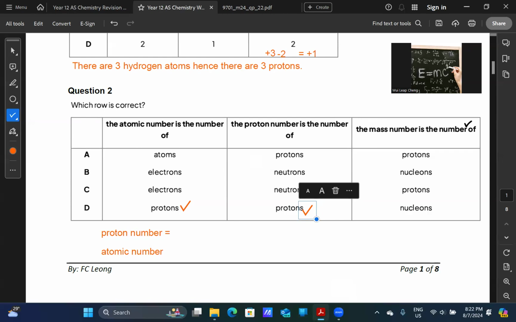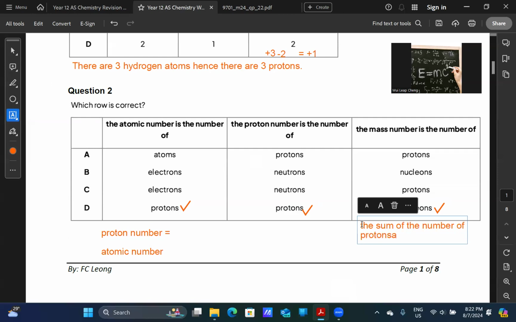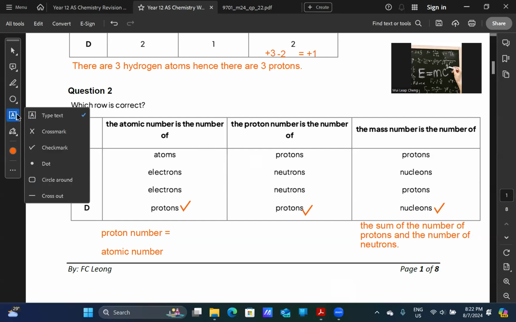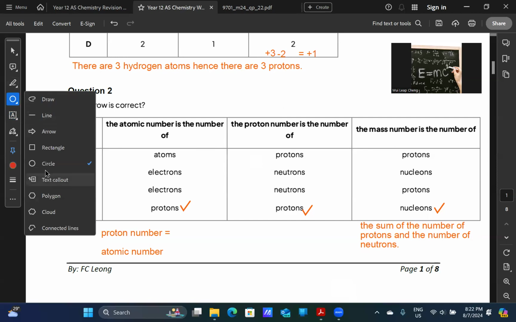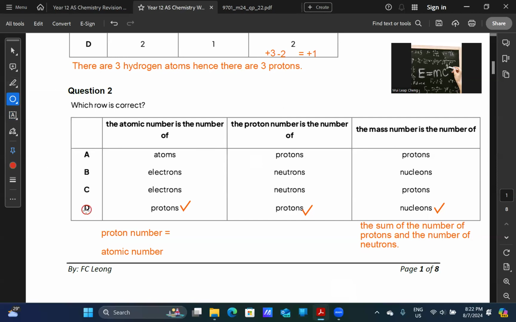The mass number is the sum of the number of protons and the number of neutrons. So a suitable answer here is D.